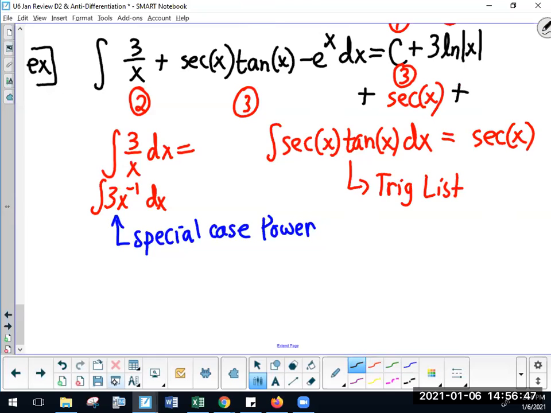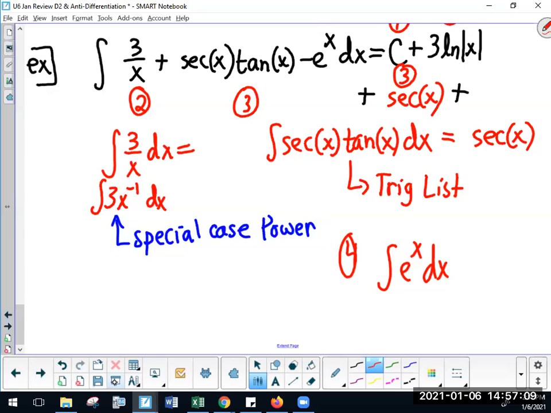Okay, last one. We've got antiderivative of e to the x. So how are we going to do antiderivative of e to the x? Well, we're going to think about all of our anti-differentiation techniques. If you want to do it by process of elimination, that's fine too. You could say, well, it's not a trig function. It's not natural log. It's not a power function. Oh, it's the e to the x one.